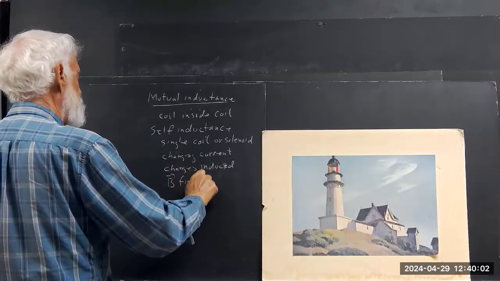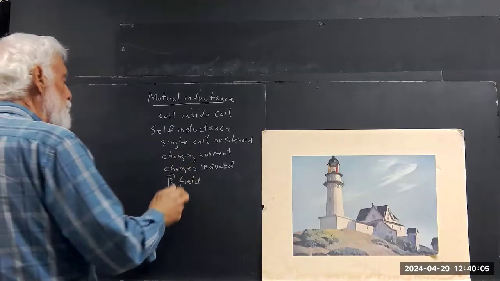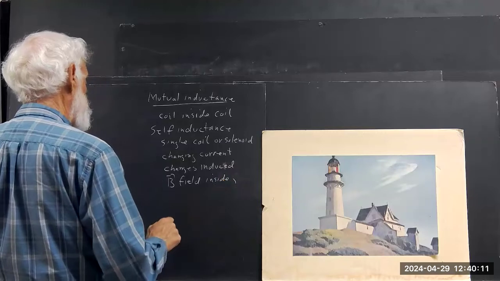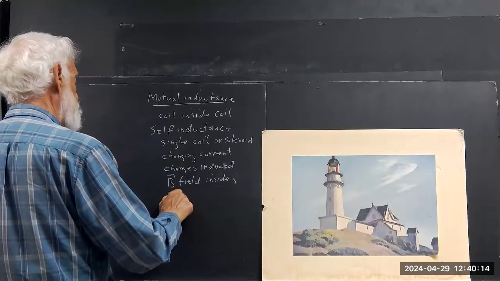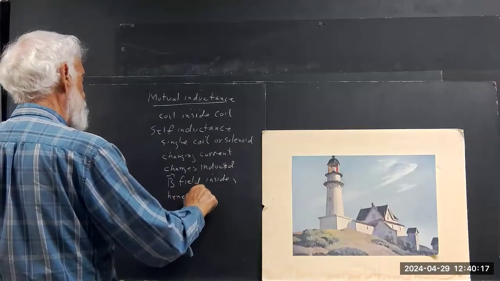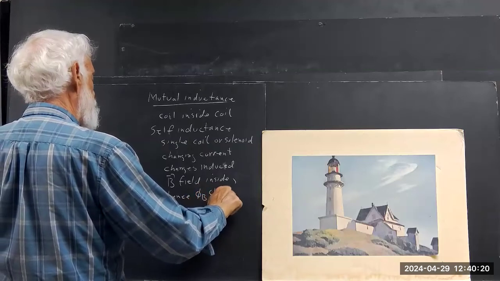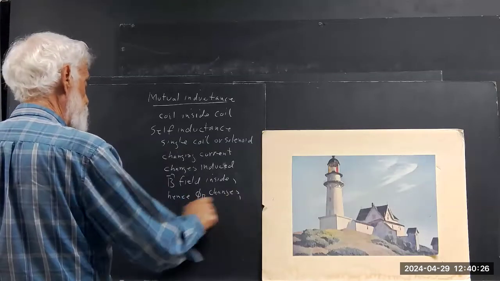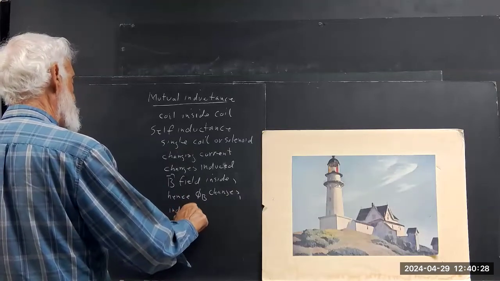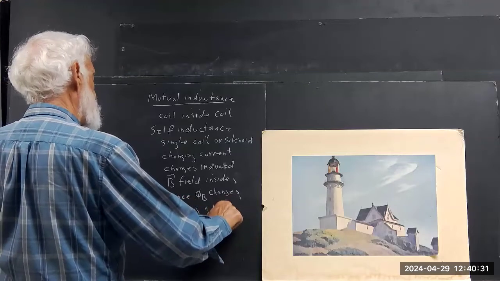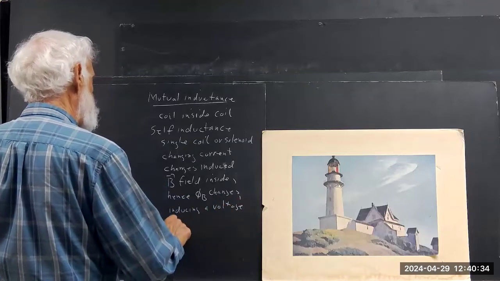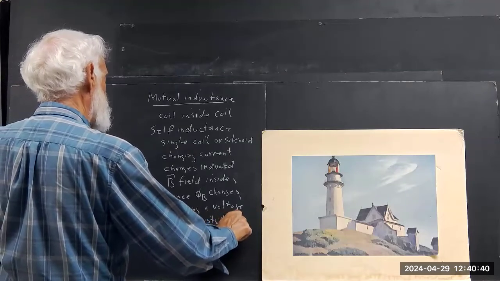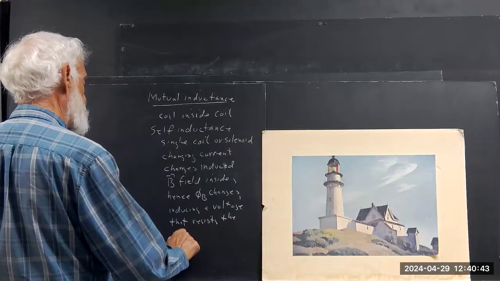Use B field, magnetic field. Changes the induced magnetic field inside. As the magnetic flux changes, inducing the voltage, it resists change in current.